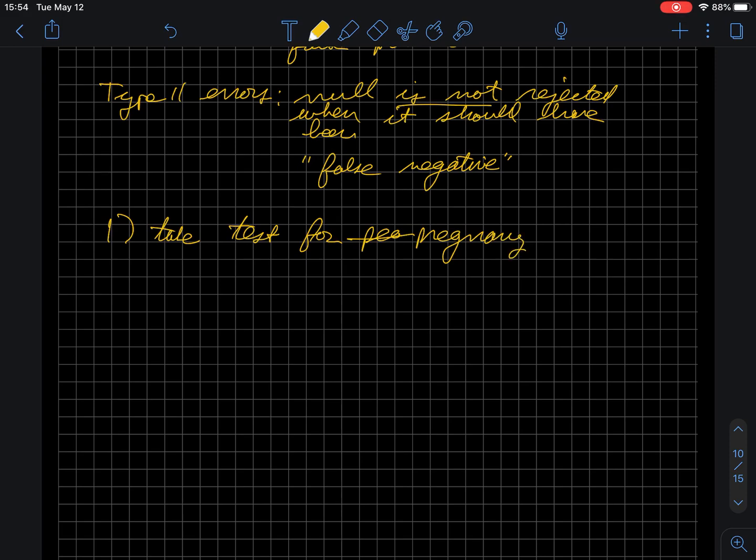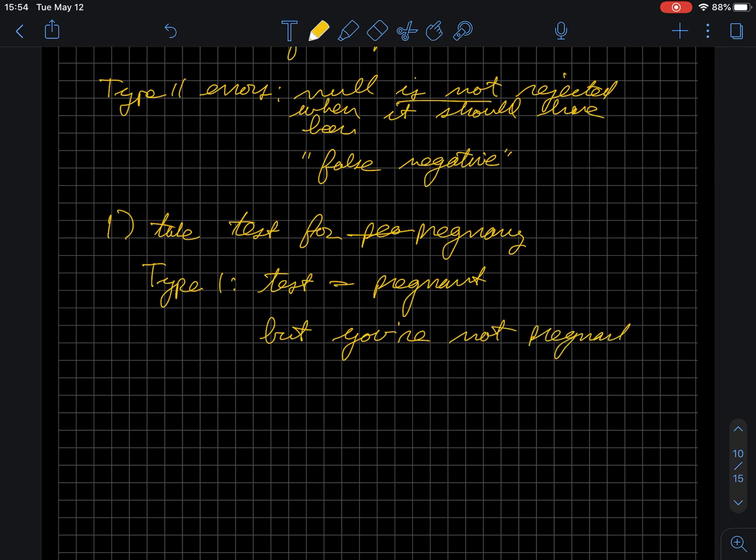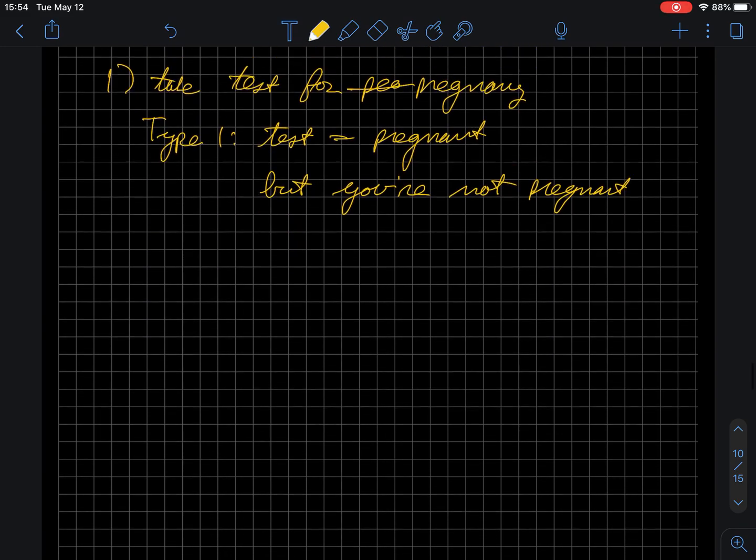With a type 1 error, the test equals pregnant, but you're not actually pregnant. So you took this test, it says you are pregnant, but you really aren't. That is a false positive.